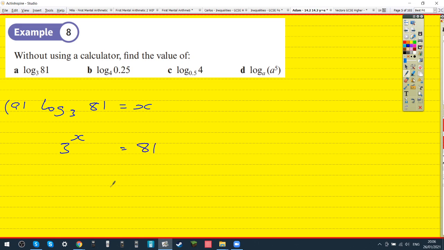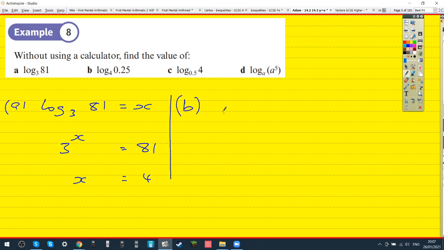Essentially, you'd have to log both sides because that's the opposite. It's not divide by 3 or times by 3. It's just 3 to the power of what gives you 81. 4. Yeah. And so this is just intuition, but the actual method would be to do that.